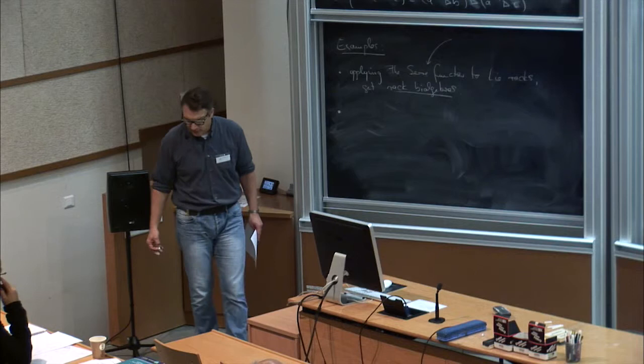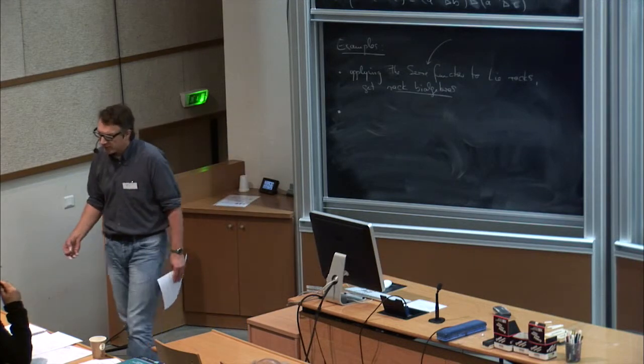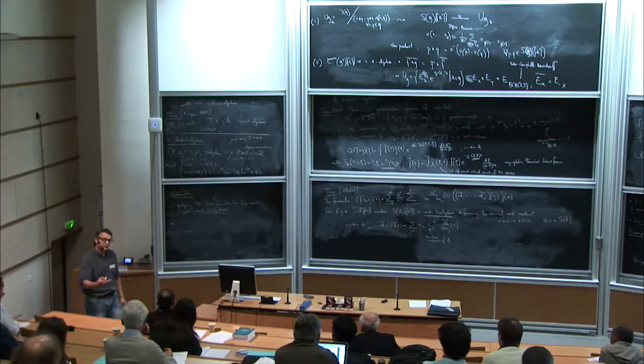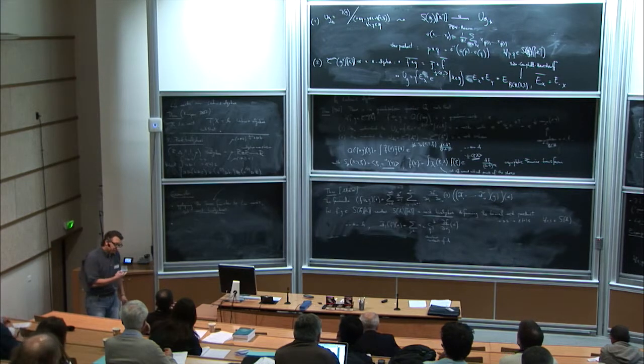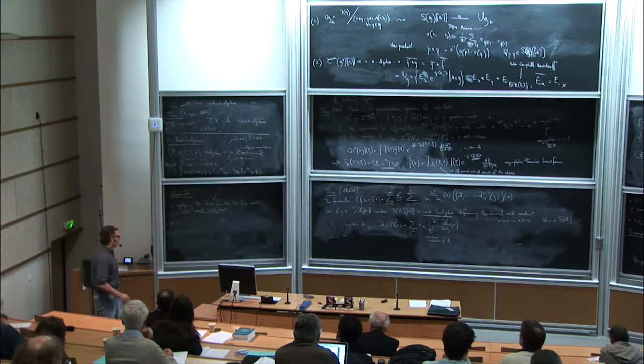Because all our examples come from manifolds, we don't deform the co-algebra structure. We always stay with co-associative co-algebras.